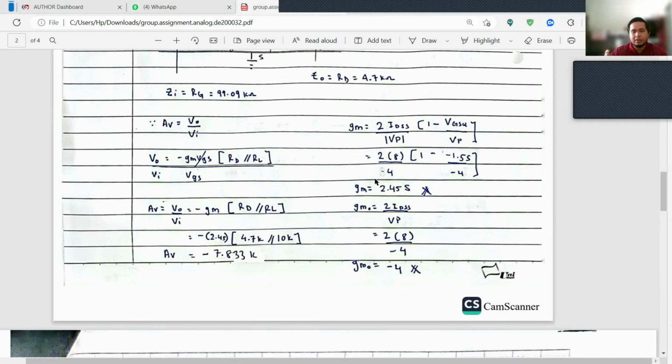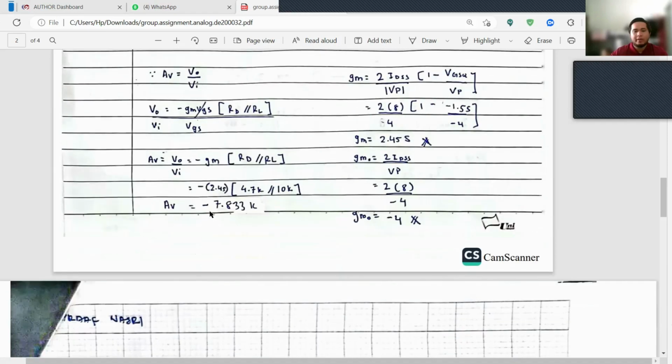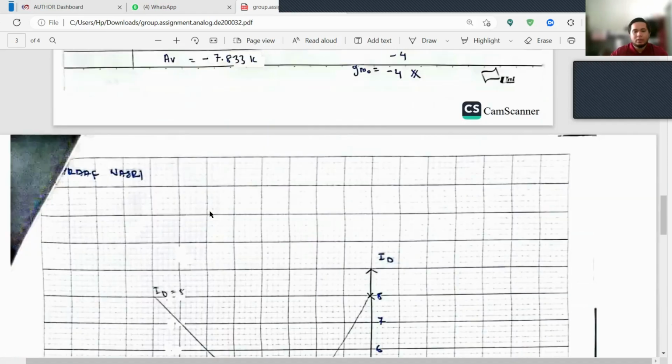So the gm value is 2.45 S. The unit of gm is Siemens. So gm0 is 2 IDSS over VP. So the answer for gm0 is negative 4. So we plug in the 2.45 in this equation and we got AV equals negative 7.833.